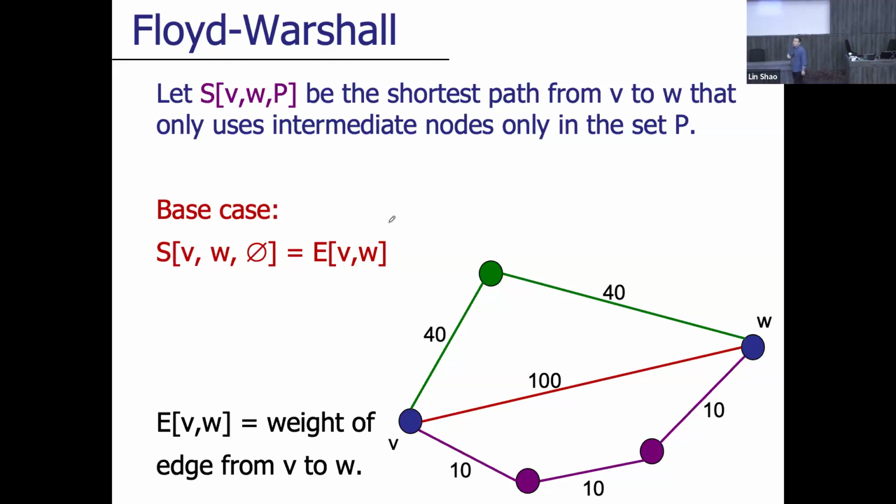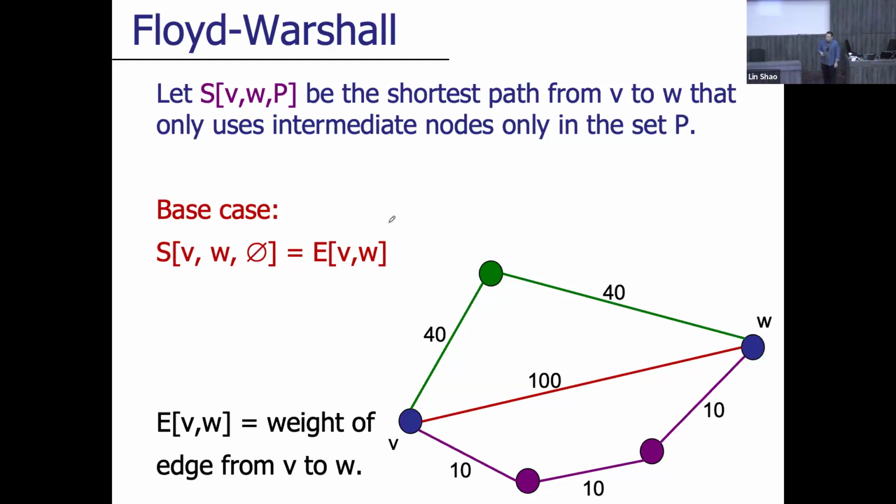The simplest format of P would be the empty set, so the base case of SVW would be SVW with the empty set. It's exactly equal to the weight of the edge from V to W. That would be the very base case.